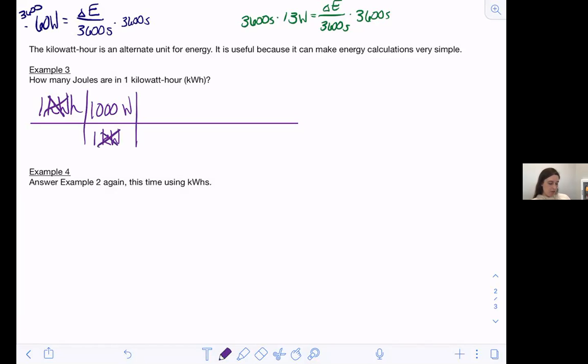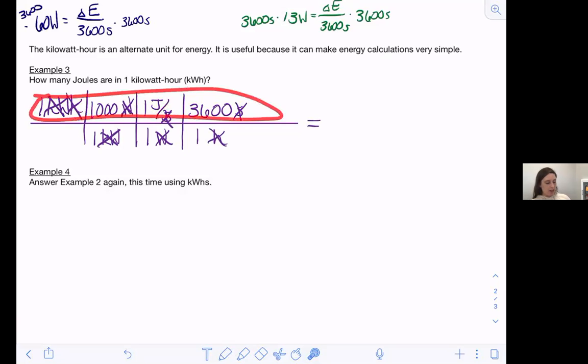I also know that 1 watt is the same thing as 1 joule per second. We talked about that last unit. So I get rid of watts. And then I know that there are 3,600 seconds in 1 hour. So that gets rid of hours and that gets rid of seconds, leaving me with just the joules.